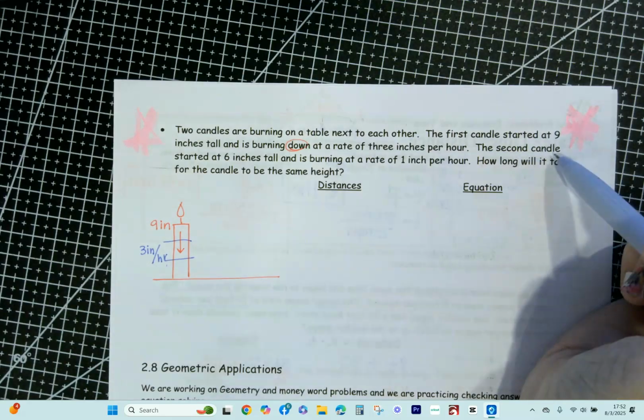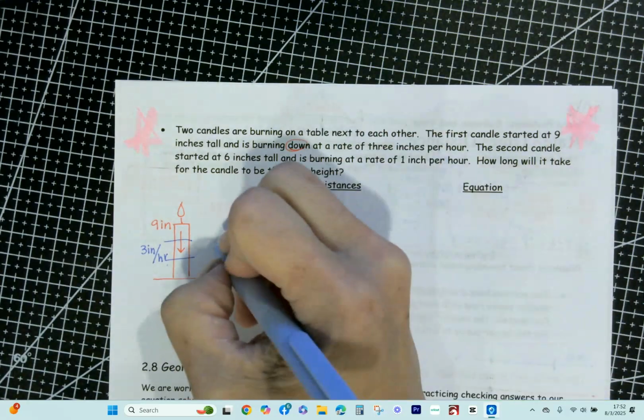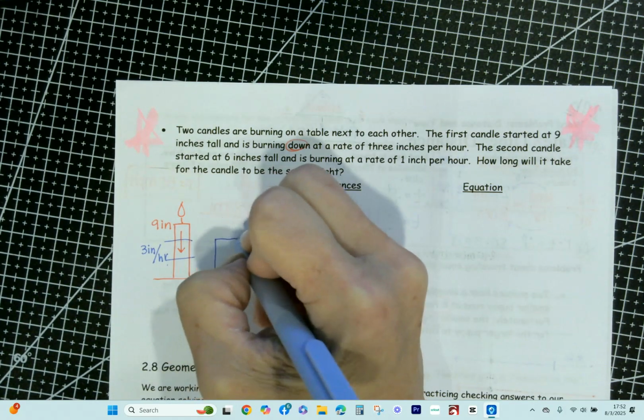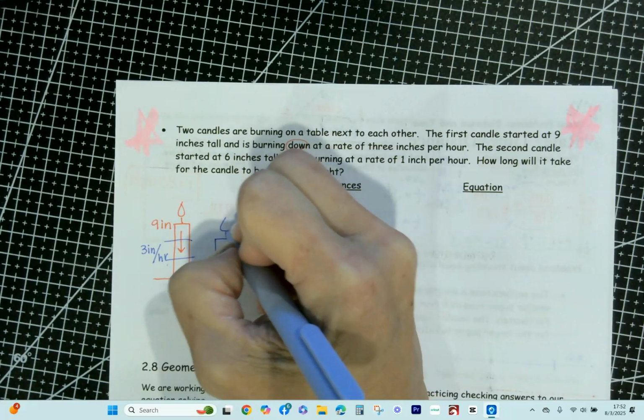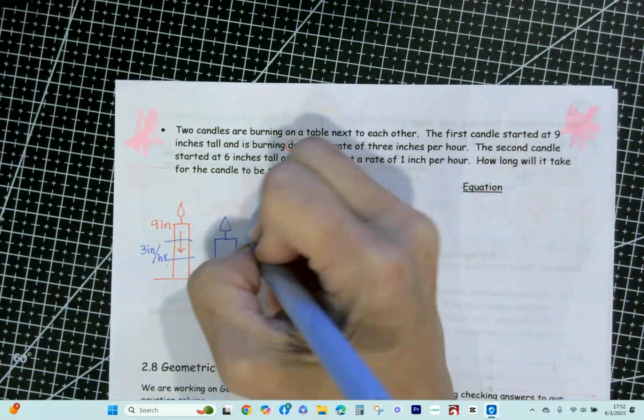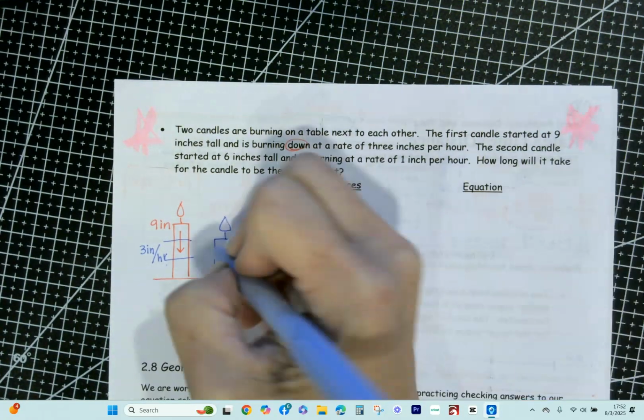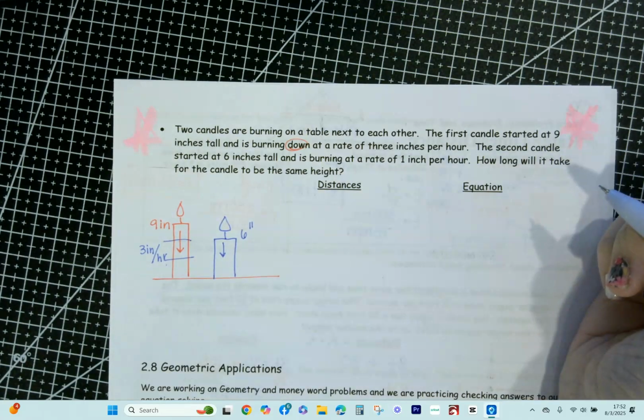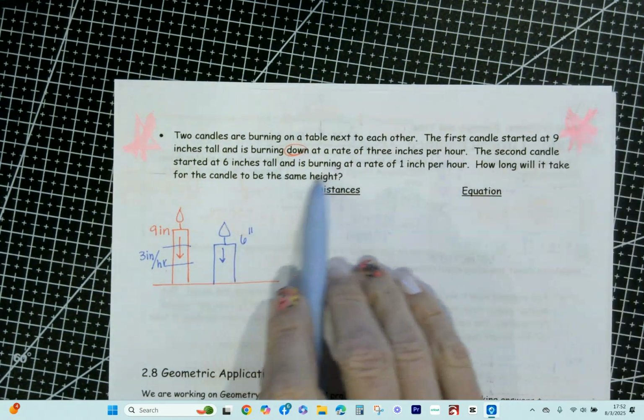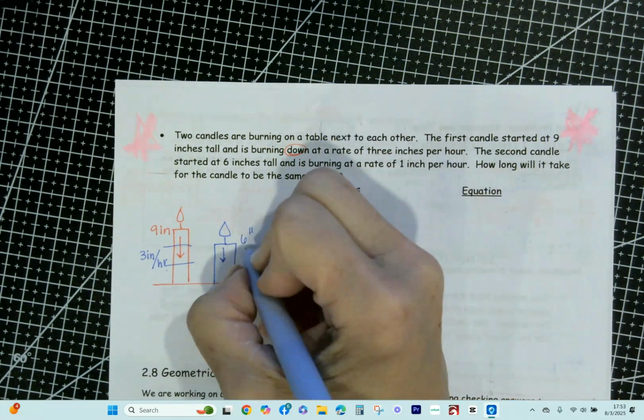So the second candle started at 6 inches tall. Okay, there's our second candle. It's 6 inches tall, and it's also going to be burning down. And it's going to be burning down at a rate of 1 inch per hour.